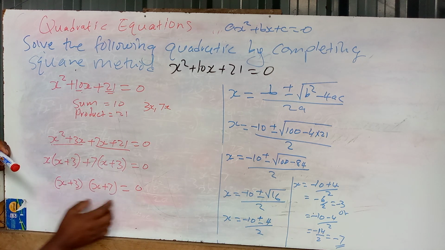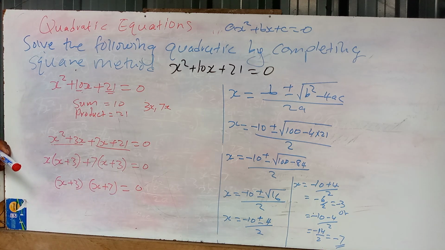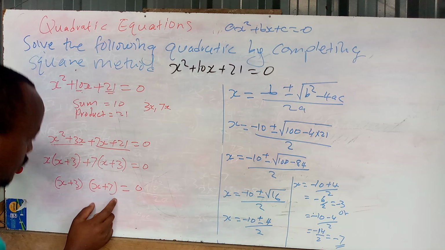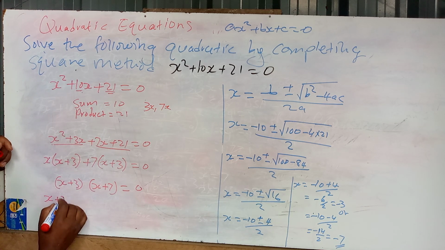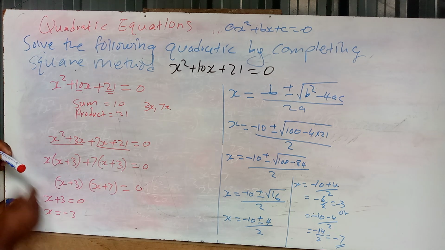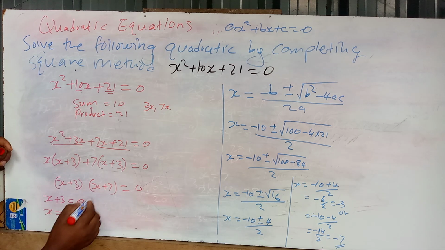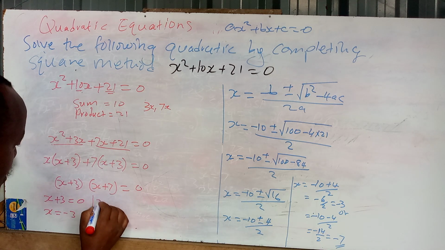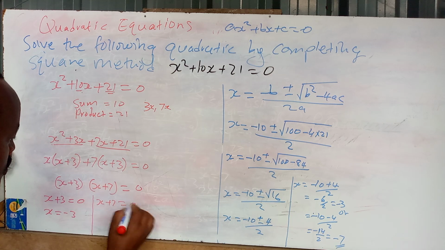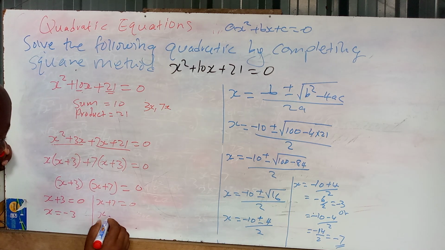If a product of two numbers gives you 0, that means that any of those numbers will be 0. So we can say x plus 3 is equal to 0, and this gives us x is equal to negative 3. Alternatively, if this is now 0, that means x plus 7 is equal to 0, which gives us x being equal to negative 7.